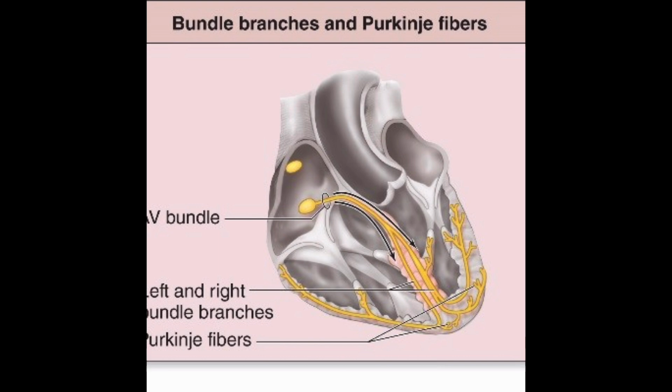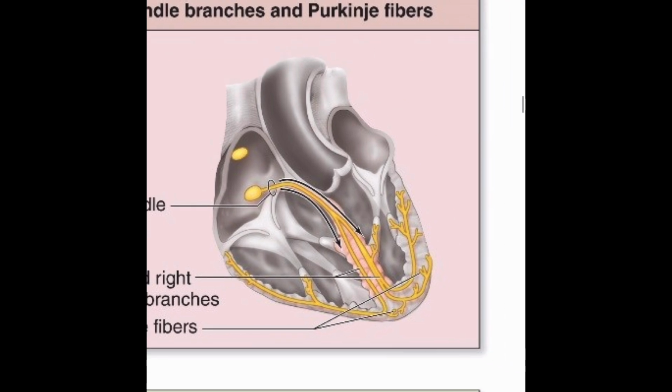Now that the atrium has contracted, right, there's no more signal here. That signal has reached the AV node, and the AV node is now going to propagate that signal to the interventricular bundles, all right? And then we split off into right and left.